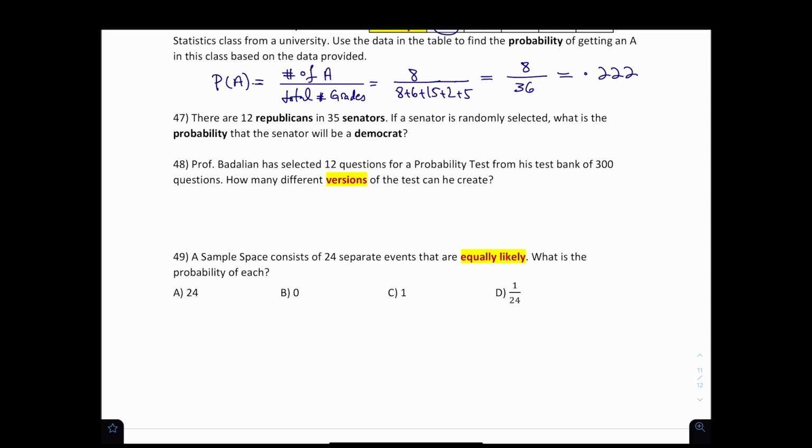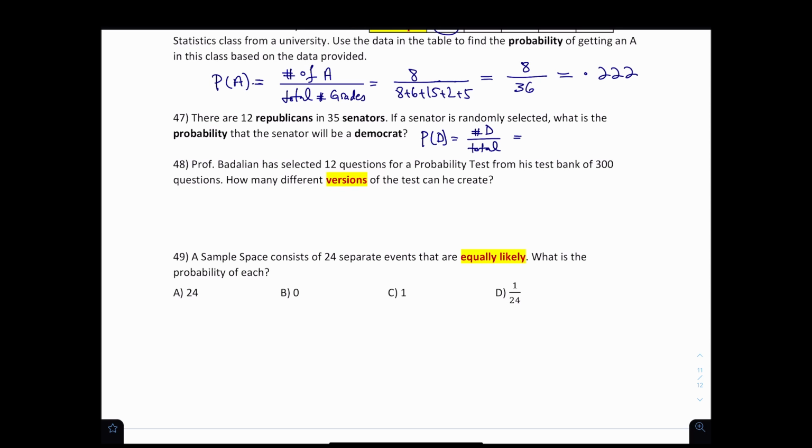Let's look at number 47, 12 Republicans and 35 senators. If a senator is randomly selected, what's the probability a senator will be a Democrat? Well, the probability of a Democrat will be the number of Democrats divided by the total number of senators. How many Democrats are there? If there are 12 Republicans and 35 senators, that means the rest of them are Democrats, right?